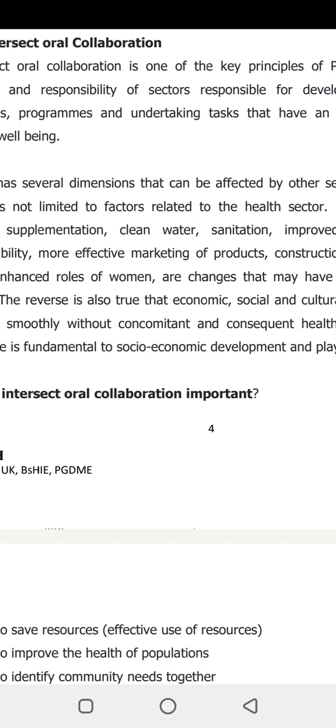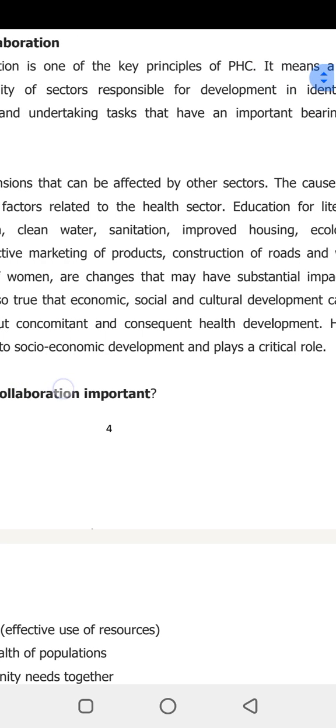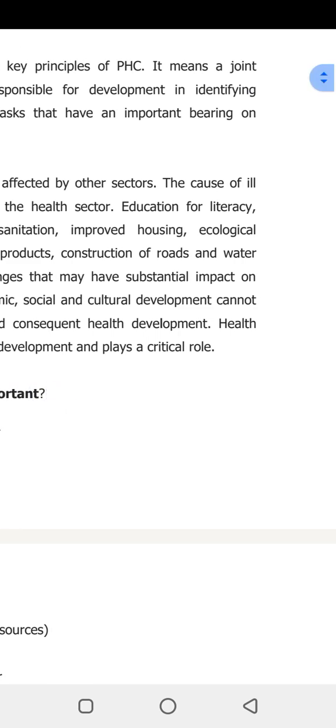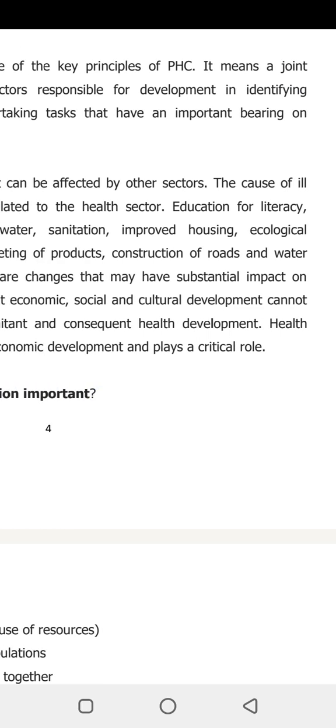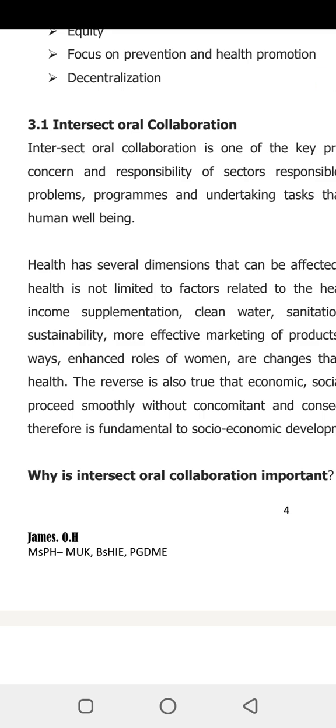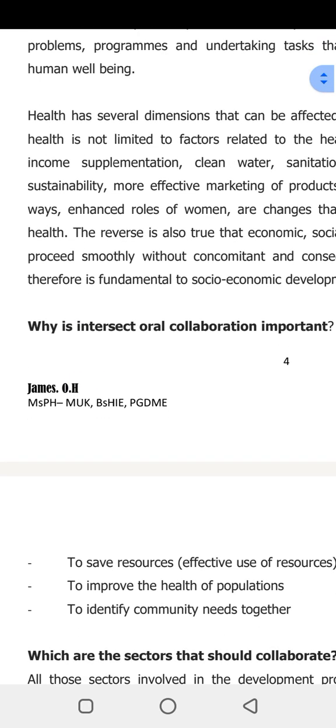You talk about clean water, sanitation, improved housing. This now becomes the what? Intersectoral collaboration. It's a joint effort. You make sure that all the basic needs that the people, the community require, are being met.